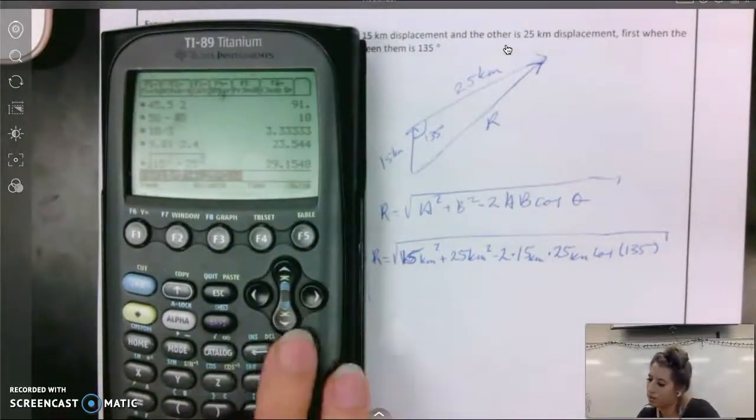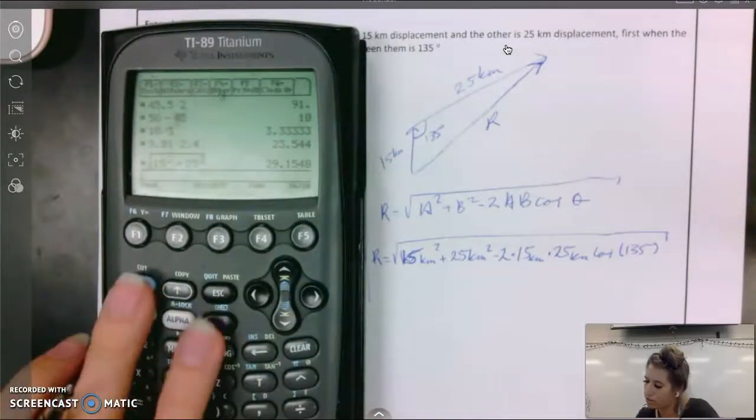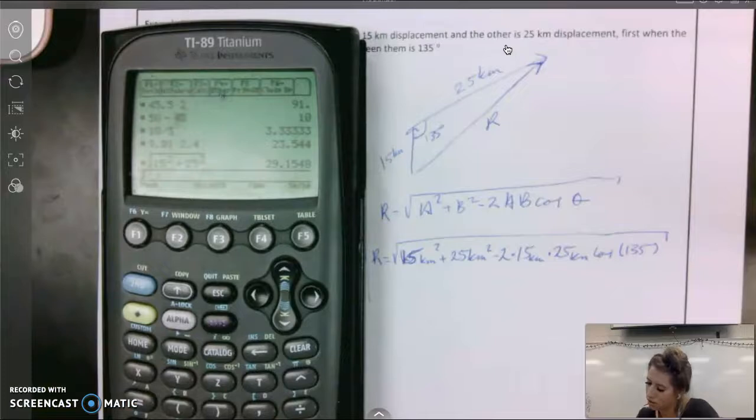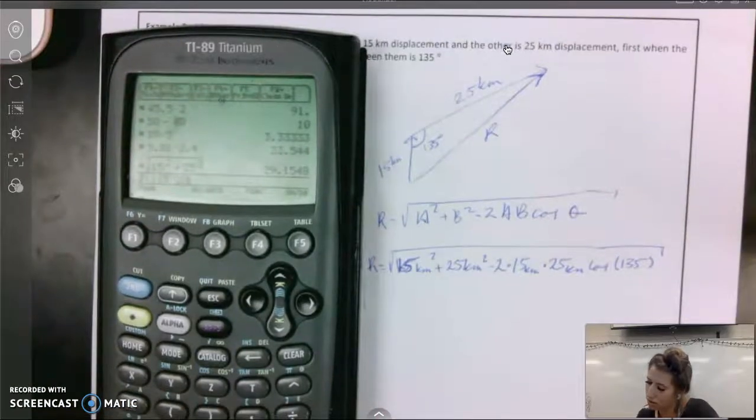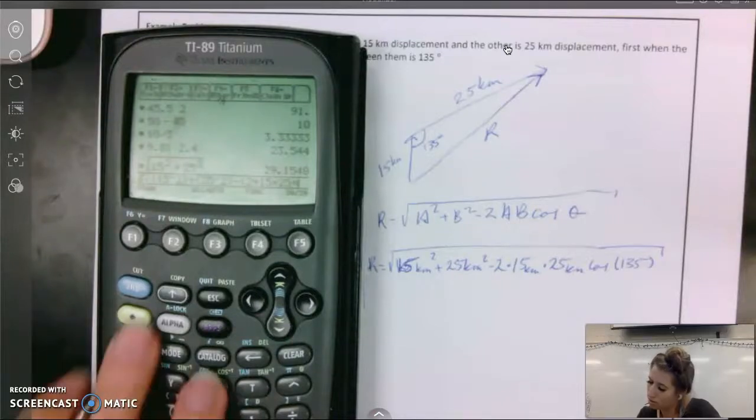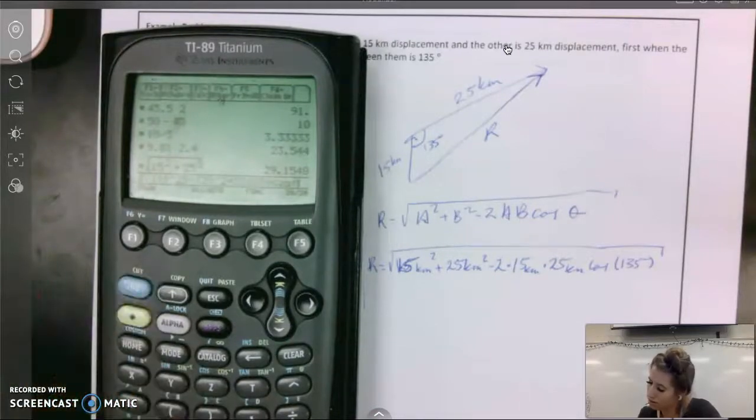Okay, so I have the square root of 15 squared plus 25 squared minus 2 times 15 times 25 times the cosine of 135.